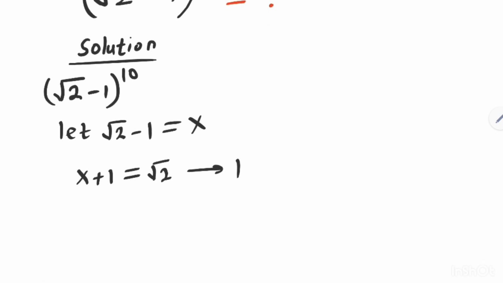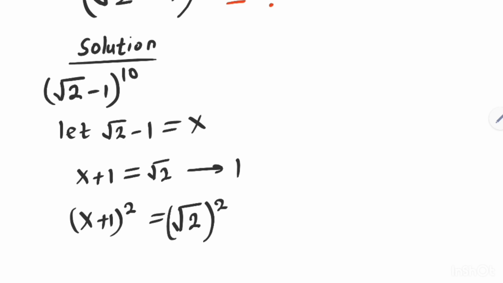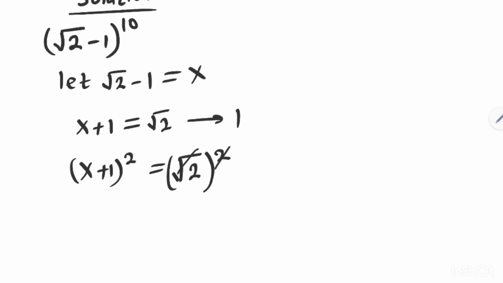Also, let's square both sides of this equation. We have x plus 1 all squared is equal to square root of 2 all squared. This cancels this. So x plus 1 all squared is equal to 2.